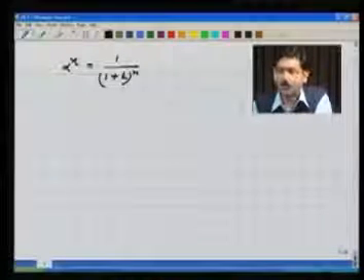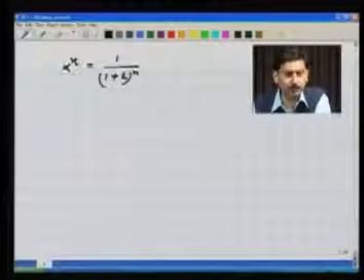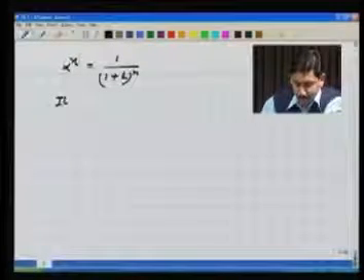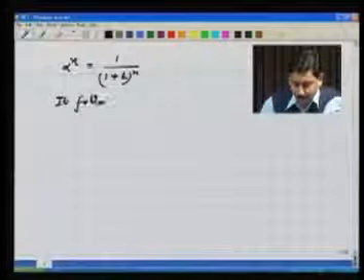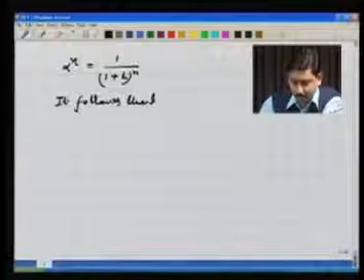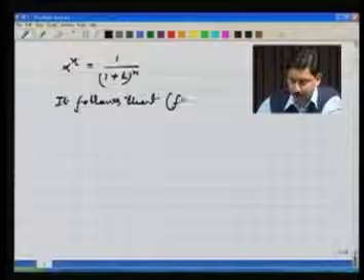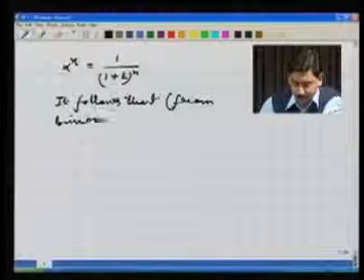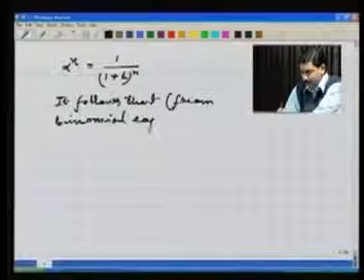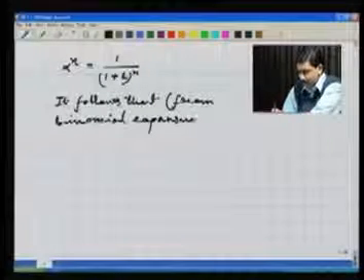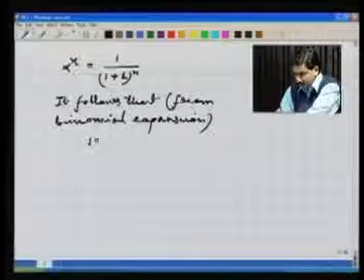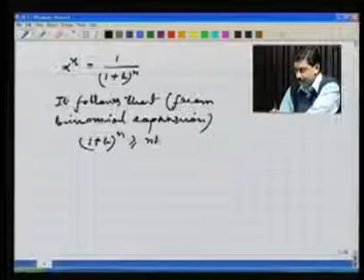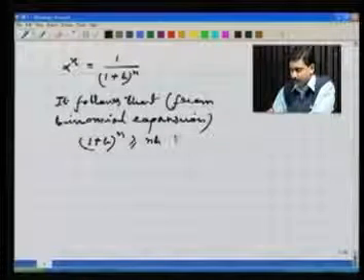Now anyway, this 1 plus h whole to the power n can be expanded binomially, and it will follow from the binomial expansion that 1 plus h whole to the power n is bigger than or equals to nh. This is true for all h bigger than 0.